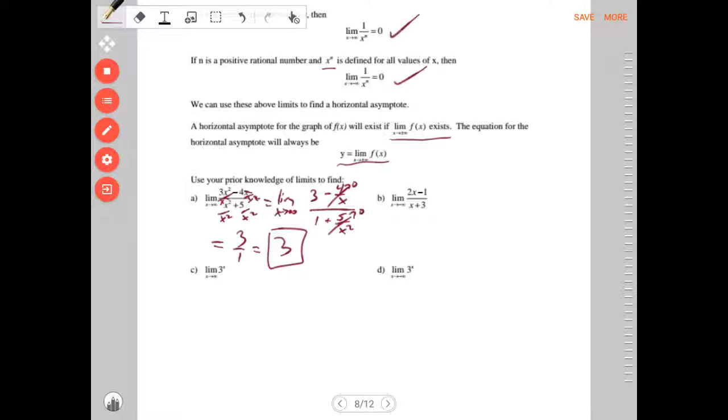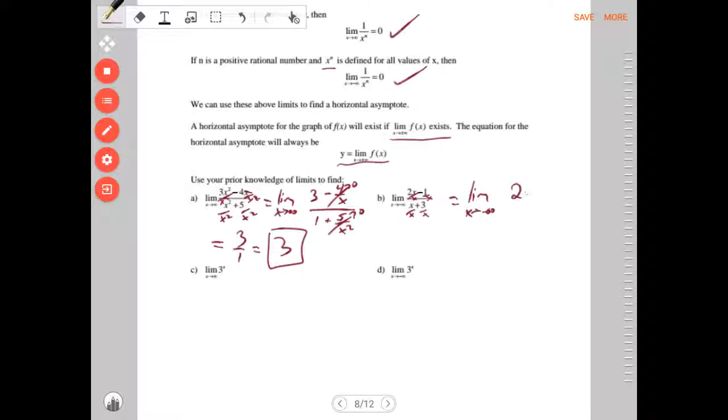So that's cool. We do the same thing here. As we approach negative infinity, we divide every term by x, remembering we are always dividing by the highest exponent of x anywhere in the equation. So this is just the limit as x approaches negative infinity.